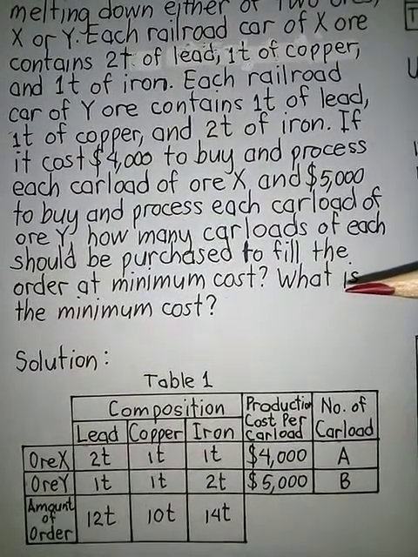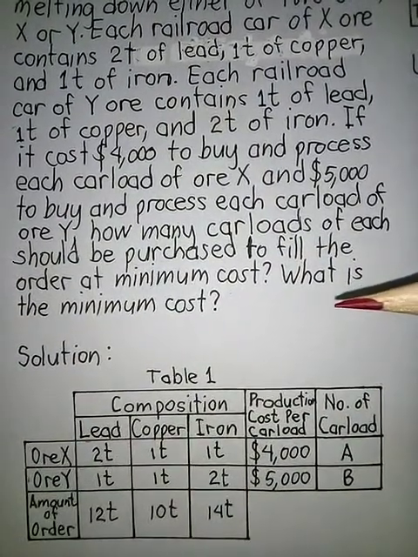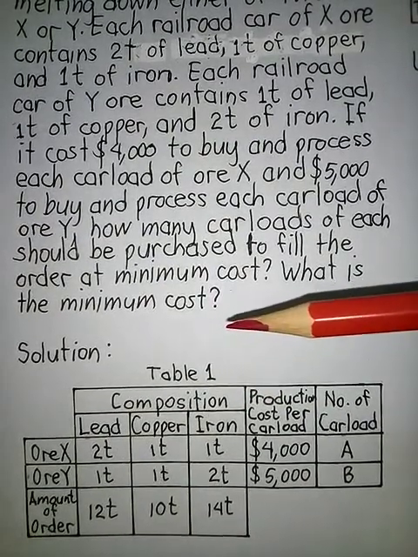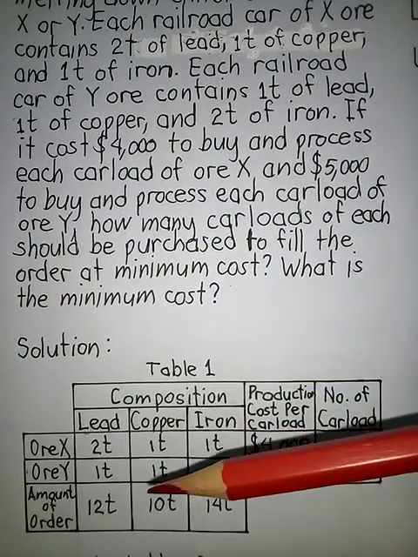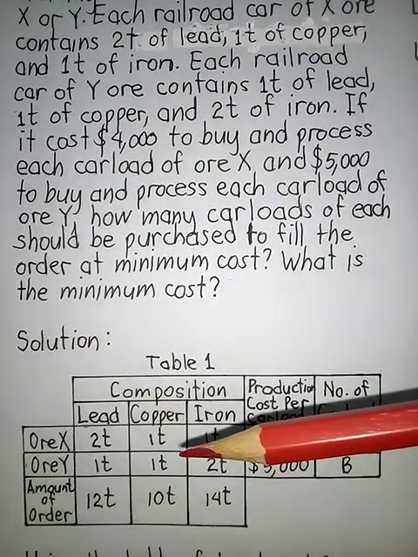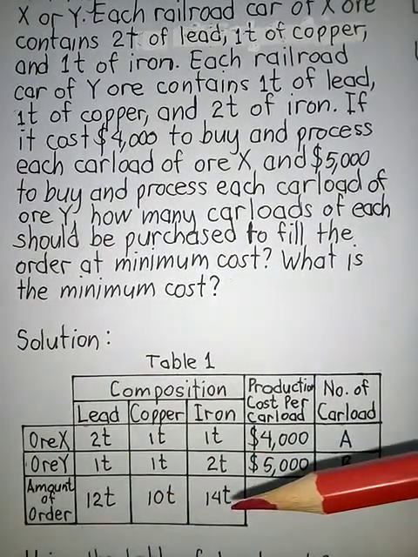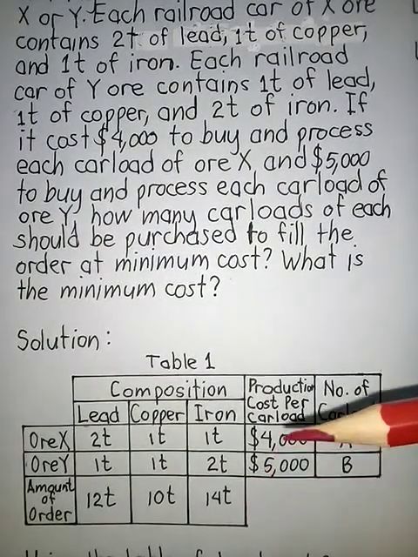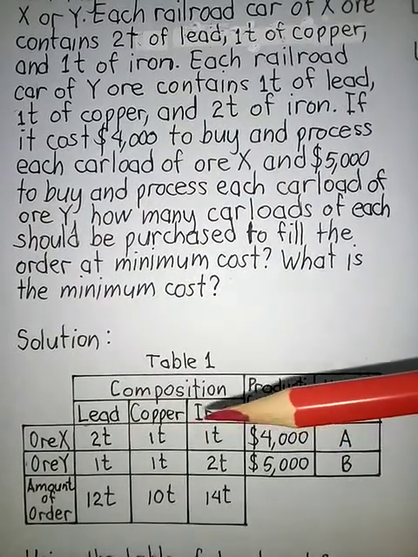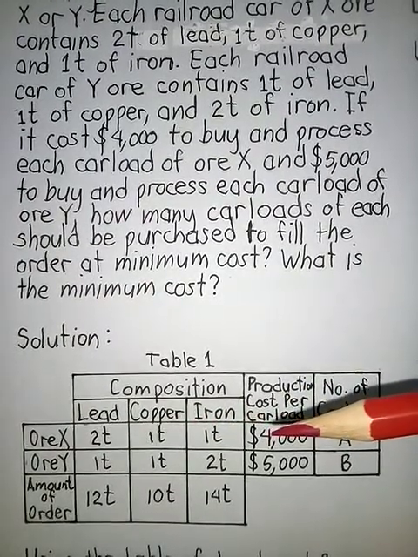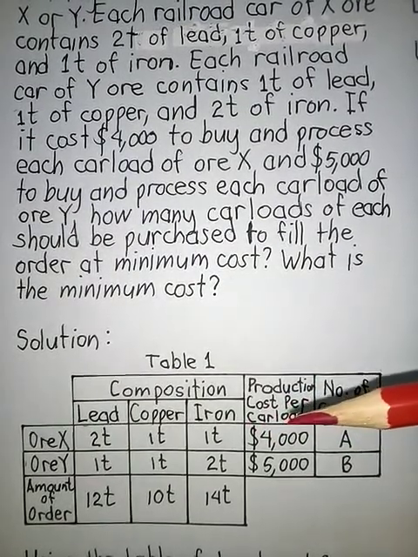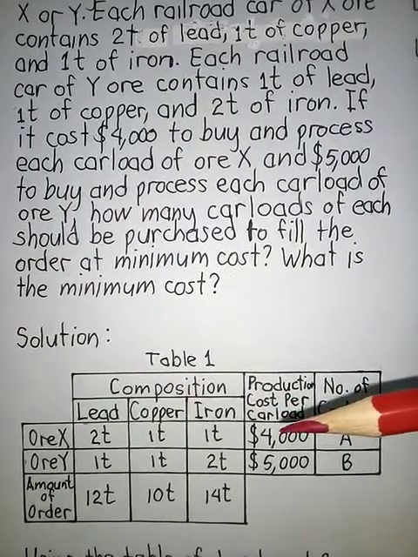Okay. So in short, in this problem, you are a supplier of lead, copper, and iron, and you have a client, and you are required to supply your client his order of 12 T of lead, 10 T of copper, and 14 T of iron with the following production costs. If you purchase ore X from the main source, the production cost is $4,000 per carload.